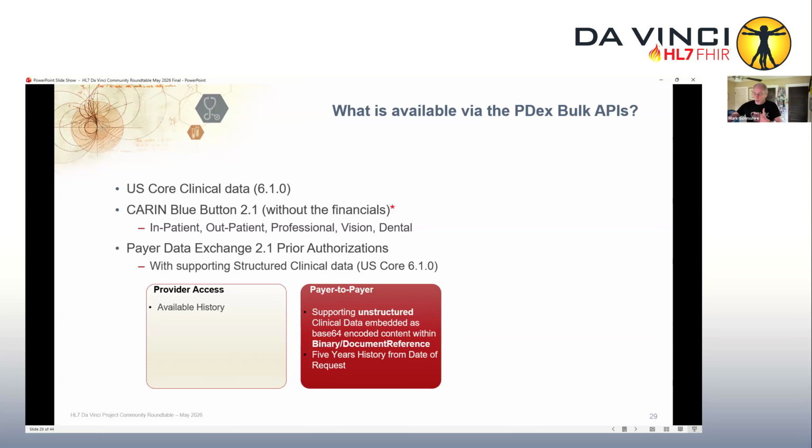And so we have actually worked with PAS so that we can take the PAS claim response and any of the additional extensions and basically be able to drop them into an EOB profile, so that means we can exchange the prior auth decisions and the supporting clinical data. And so what will be happening is, yes, there will be data going into the patient access API. So we will see this prior authorization information being available to the patient, to the member. And that will be available through the patient access API.